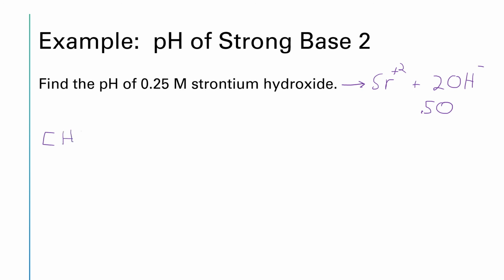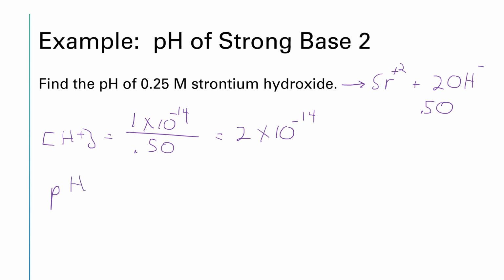So when we go to calculate the hydrogen ion molarity, it'll be 1 times 10 to the negative 14 divided by 0.5, which is 2 times 10 to the negative 14. And so the pH will be minus the log of 2 times 10 to the minus 14, which is 13.70.